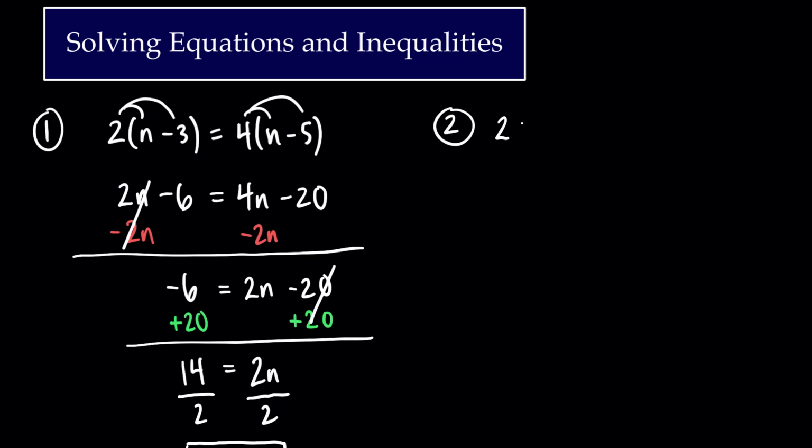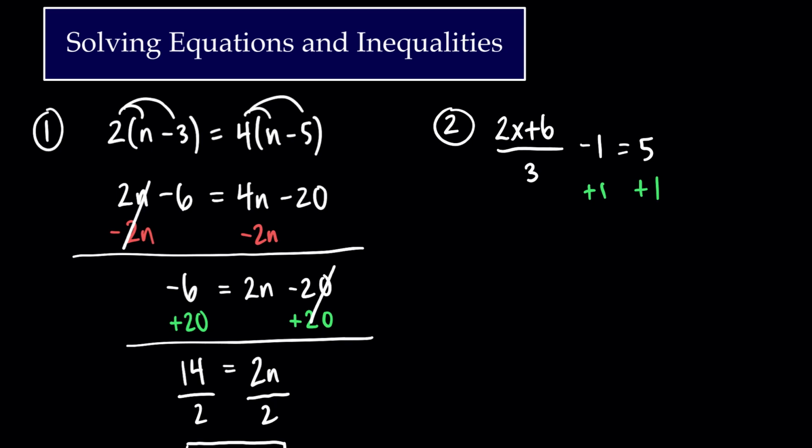Let's say they give you something like (2x plus 6) over 3, minus 1, is equal to 5. When you solve these, you've got several options. You can either add 1 to both sides, and that will get rid of the 1.